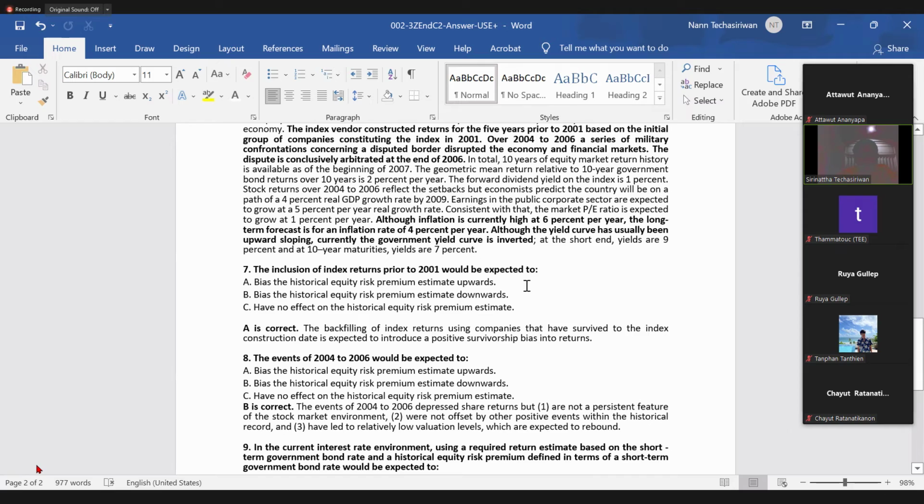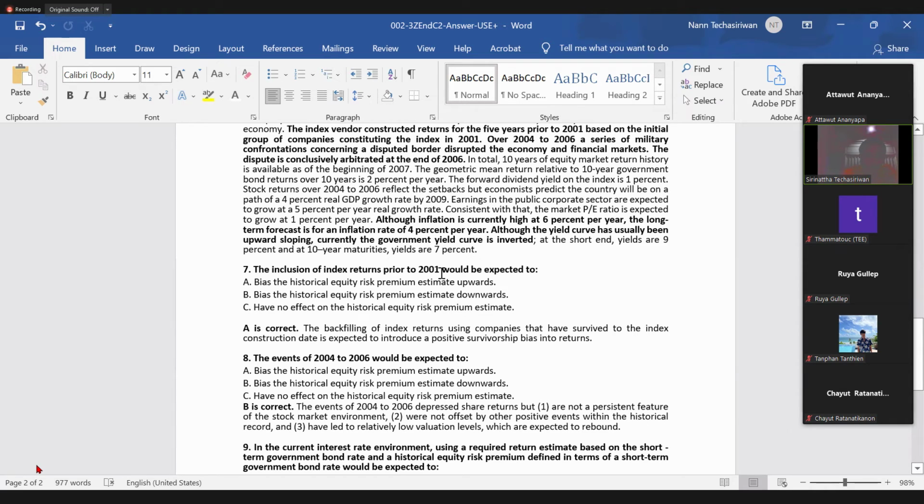We assume that during this bad time the return is poor, and it can impact many companies to get out of the market, and it distorts the return, right? But if you include this period, it kind of inflates the number.